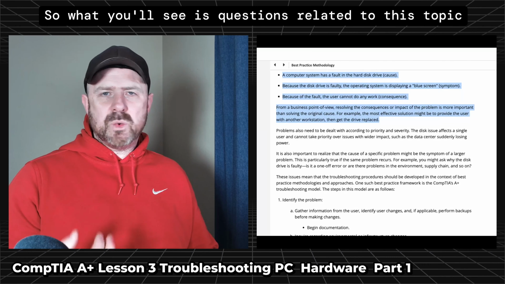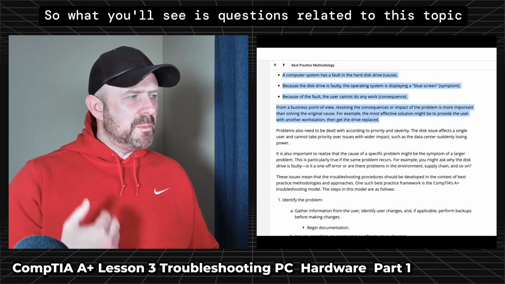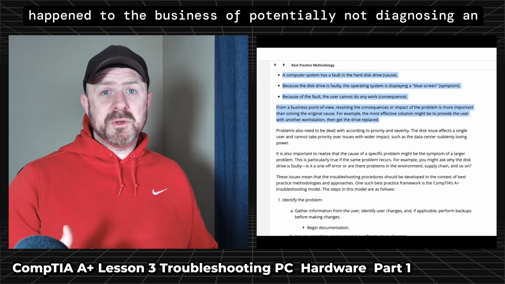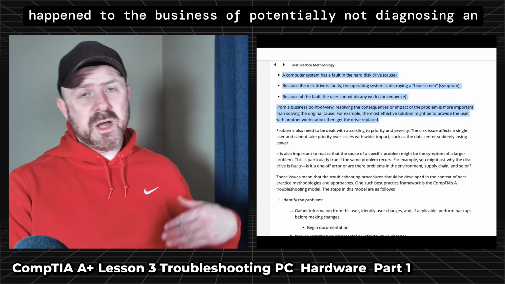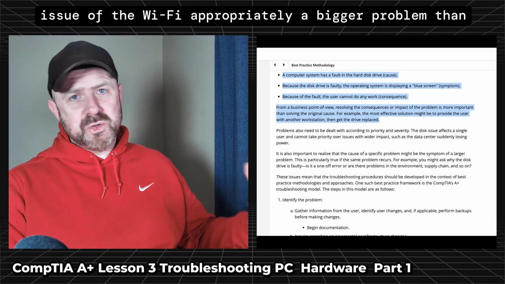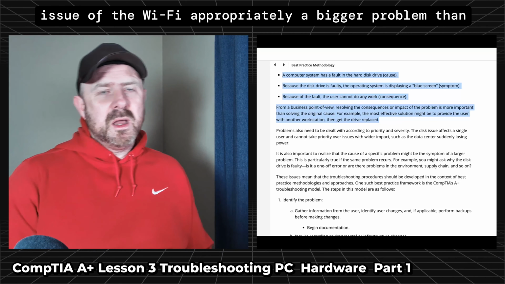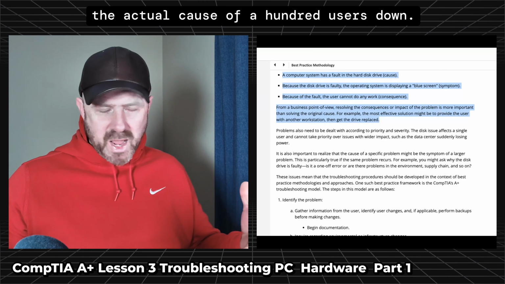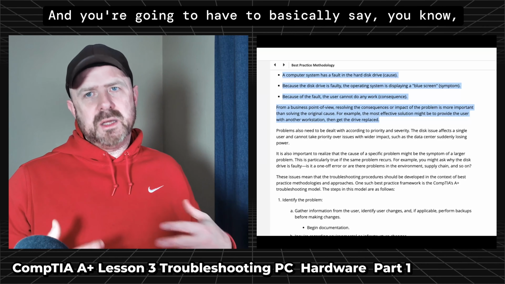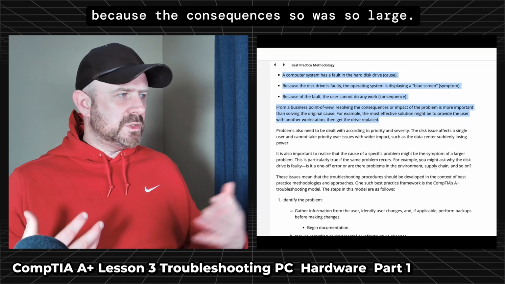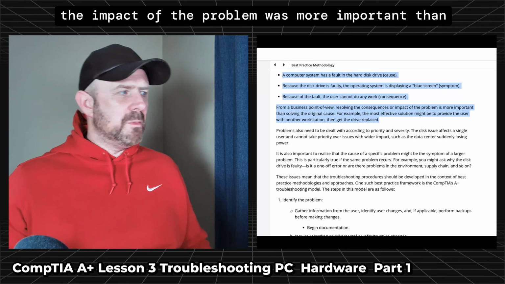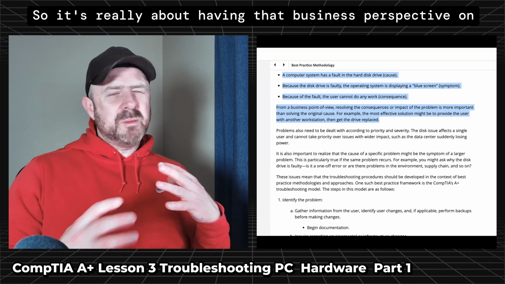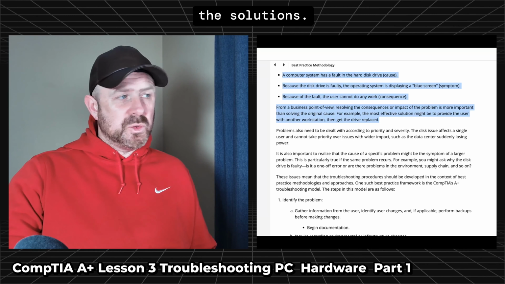So what you'll see are questions related to this topic alone, where they're going to ask you whether the result that happened to the business of potentially not diagnosing an issue with the Wi-Fi appropriately is a bigger problem than the actual cause, with 100 users down. You're going to have to say that because the consequence was so large, the impact of the problem was more important than identifying the initial cause. So it's really about having that business perspective on the solutions.